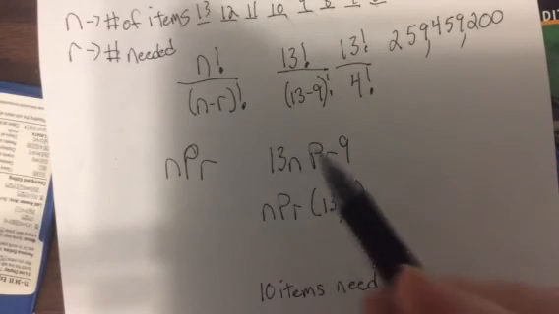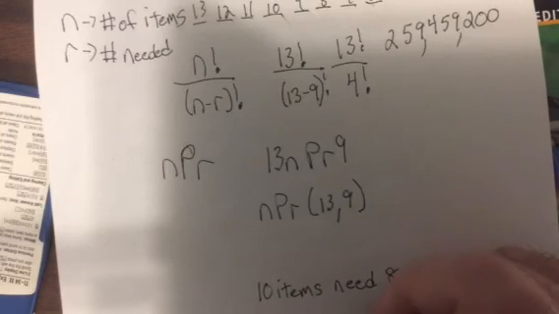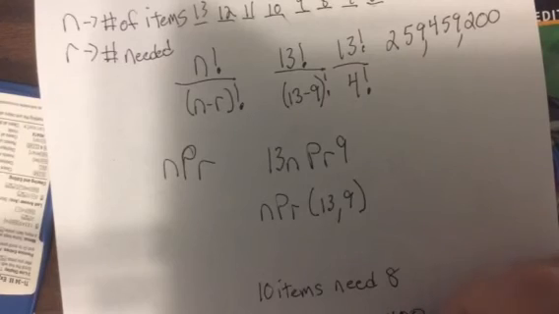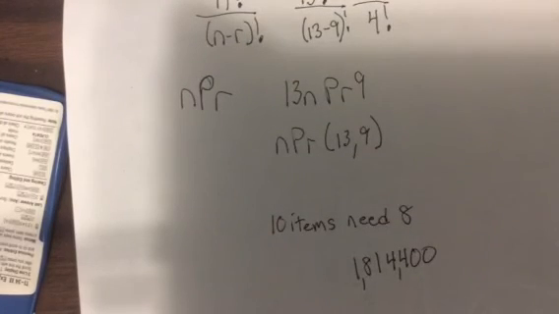I'd rather you try to do this if your calculator has it, just to see how it works. So, I'll give you the answer here. I get 1,814,400 if I didn't make a dumb mistake, which last couple of days I have been. So see if you can figure that out for me, please.